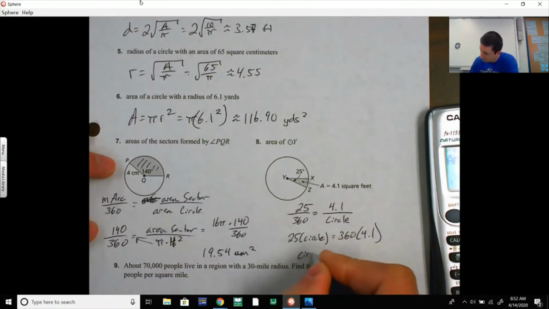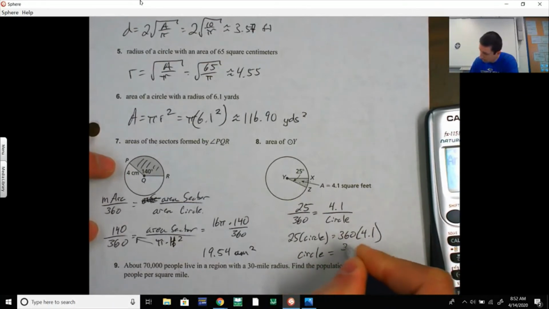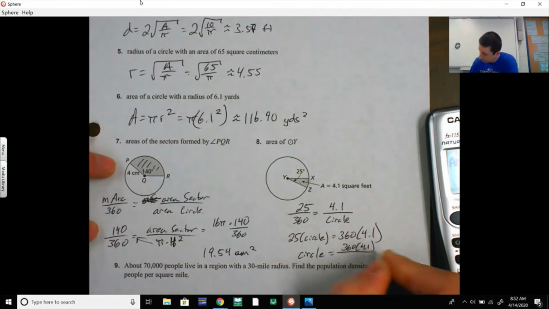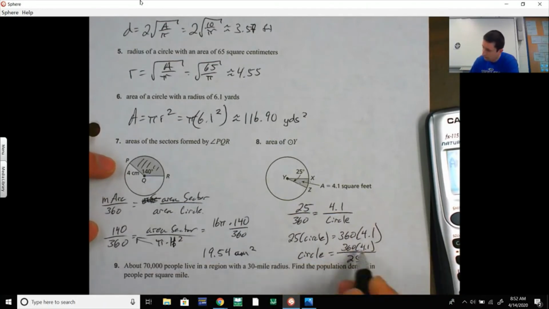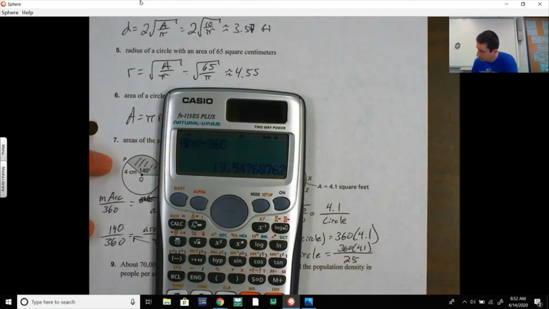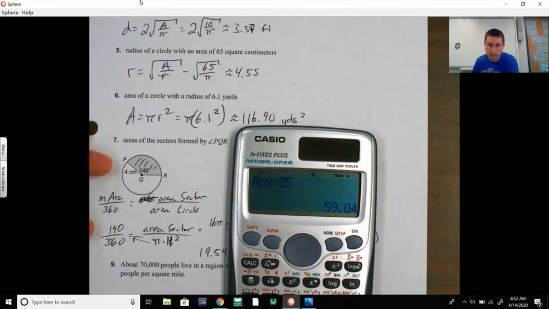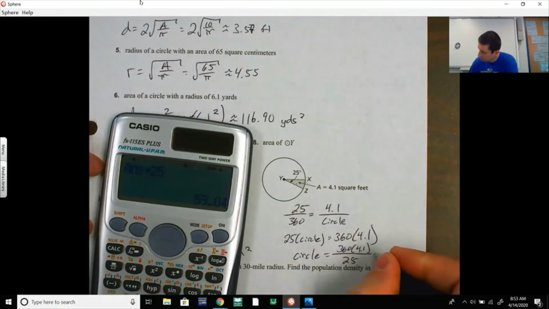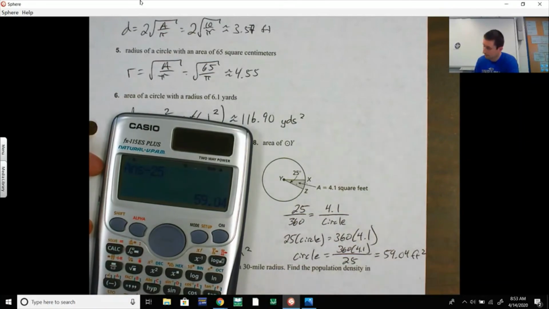So the circle equals 360 times 4.1 divided by 25. You have to divide both sides by 25. That gives 59.04 square feet.